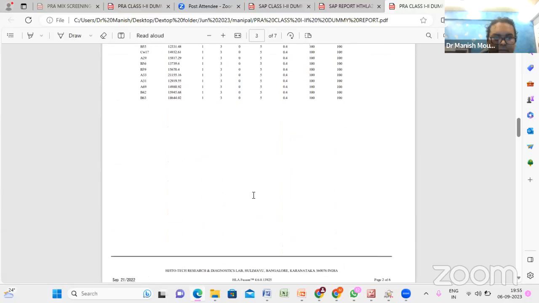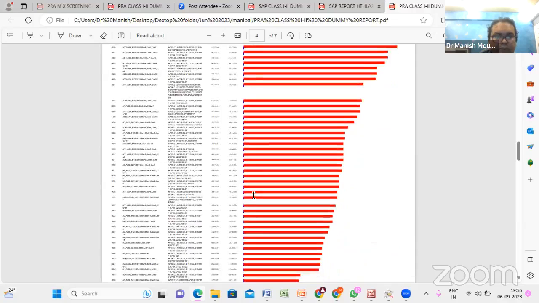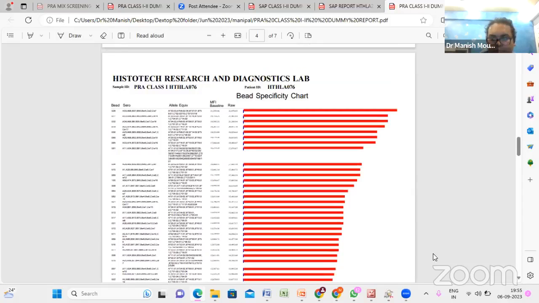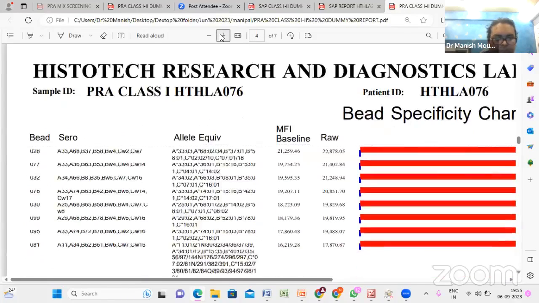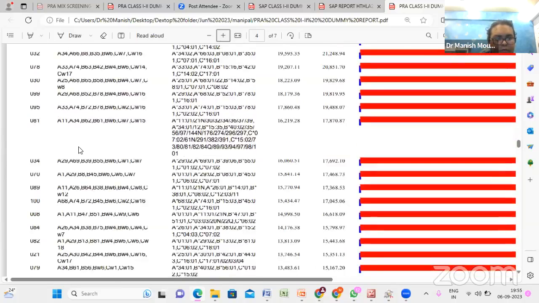So this is how the bead is structured for the PRA. This is how the bead is structured. One bead has multiple antigens.